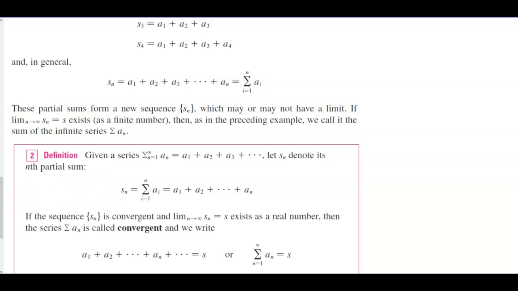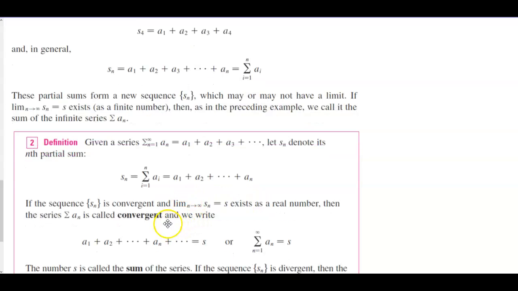So for definition number 2, if we're given a series a subscript n going from n is equal to 1 to infinity, then we would let s subscript n denote its nth partial sum. So s subscript n would be a1, the first term, plus the second term, plus the nth term.